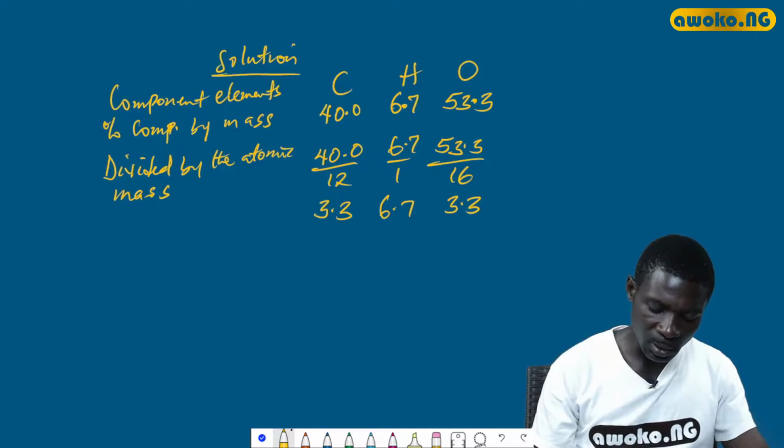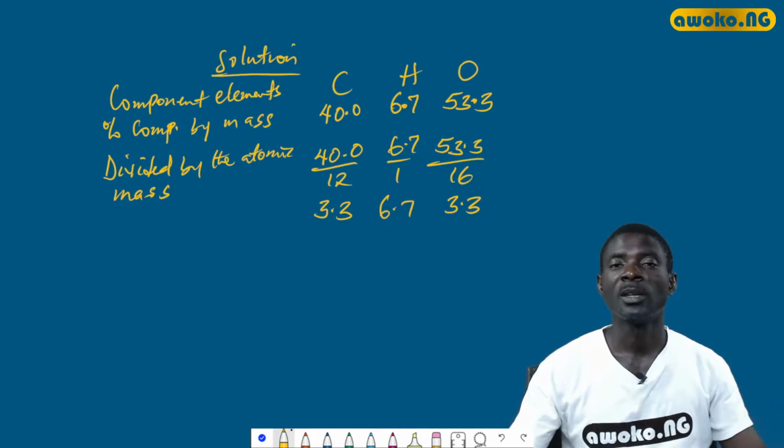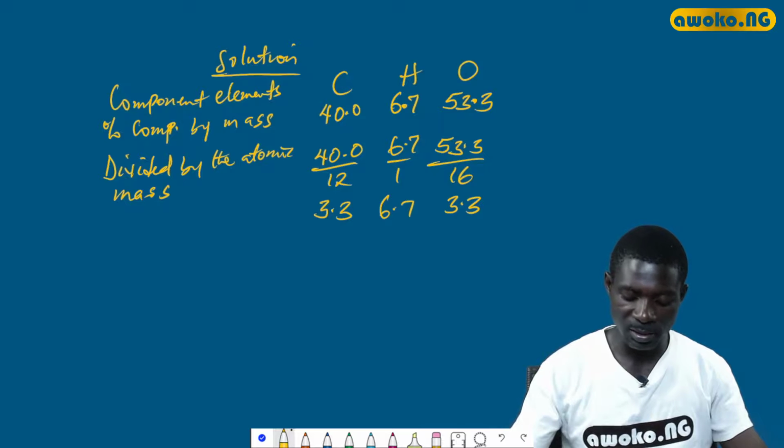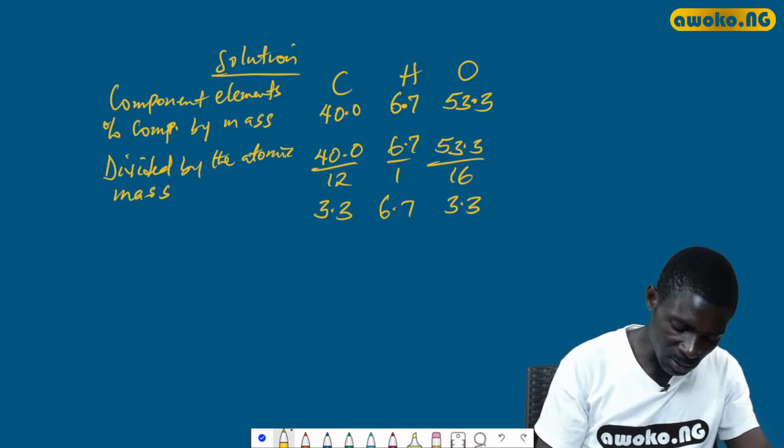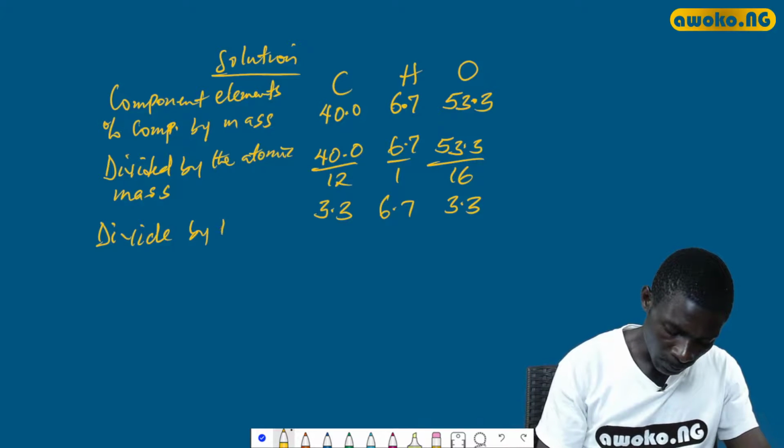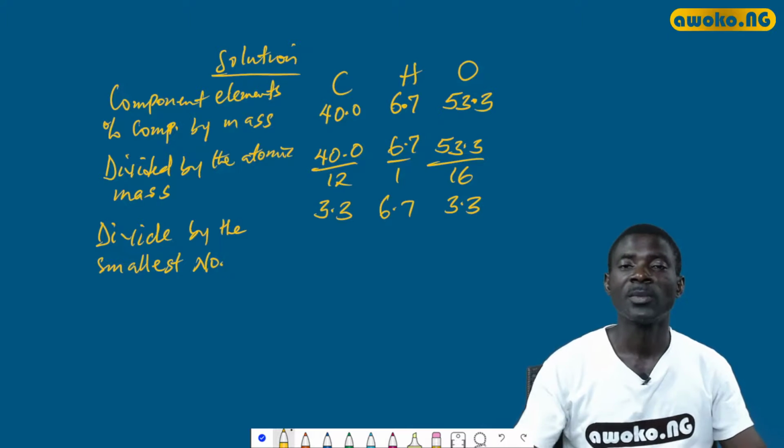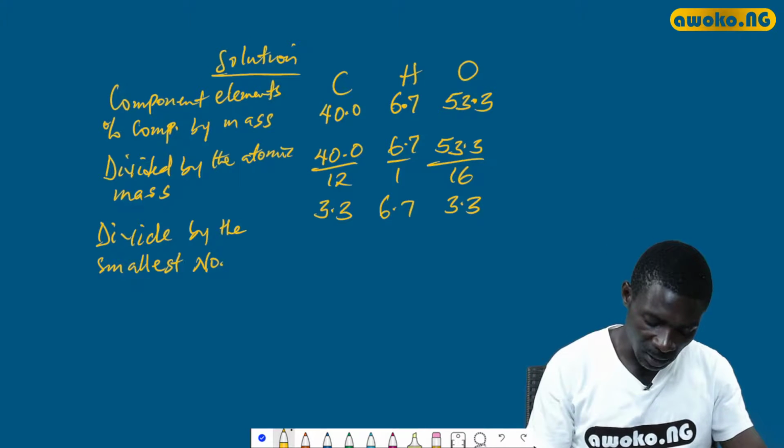Now, taking a look at the numbers we have here, the smallest number is 3.3. So the next step is to divide by the smallest number, which is 3.3.